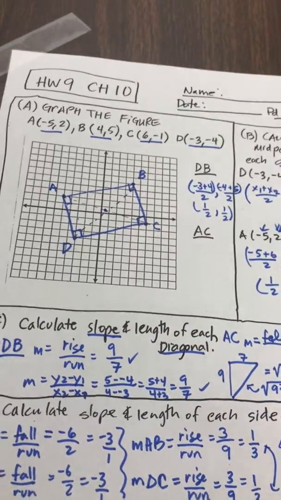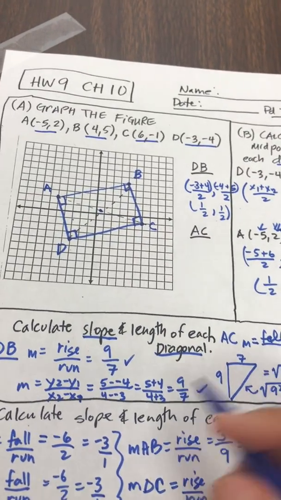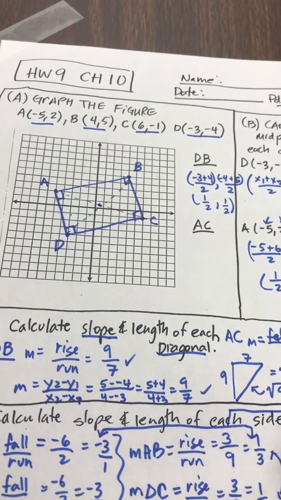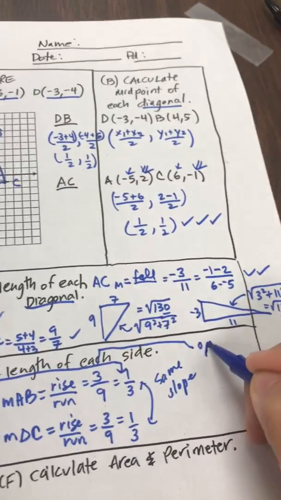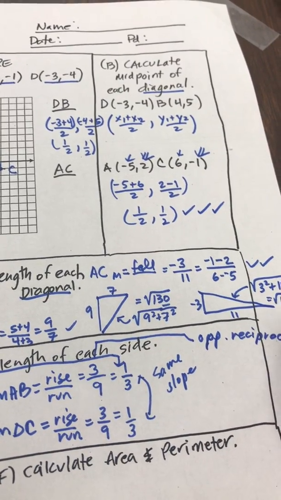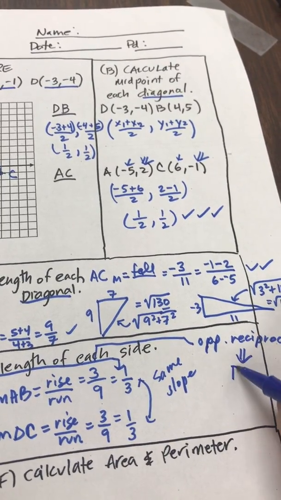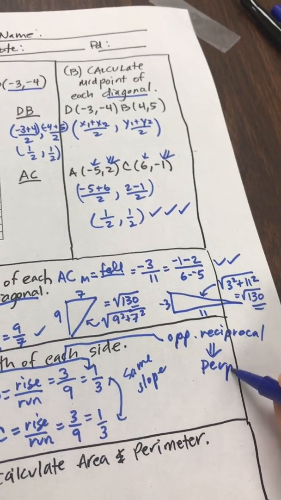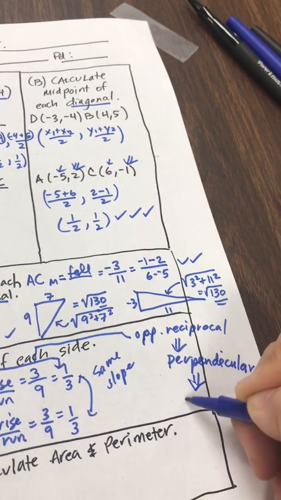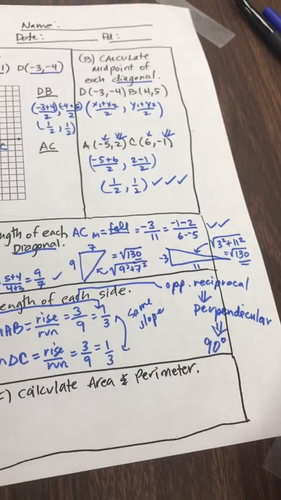So that's confirmation that that slope right there is the opposite reciprocal. That's why it looks like it's 90 degrees, because it actually is perpendicular. Perpendicular means two lines meet at a 90-degree angle.